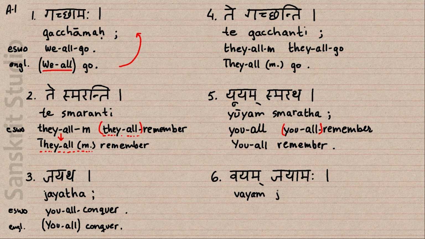Okay, jayamaha. Long A there, jayamaha. And first person plural, we all, and we all conquer. Conquer, and then in English, we all conquer.